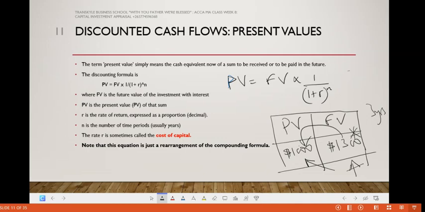Then N is the number of time periods, usually years. The rate R is sometimes called the cost of capital. This is why I said it doesn't necessarily mean that R is interest. Note that this equation is just a rearrangement of the compounding formula.